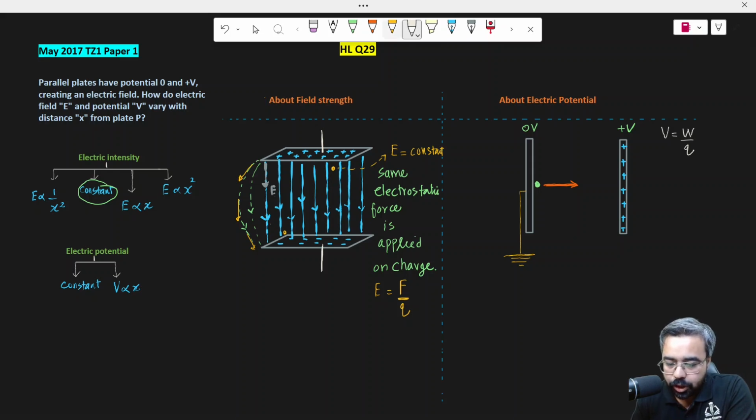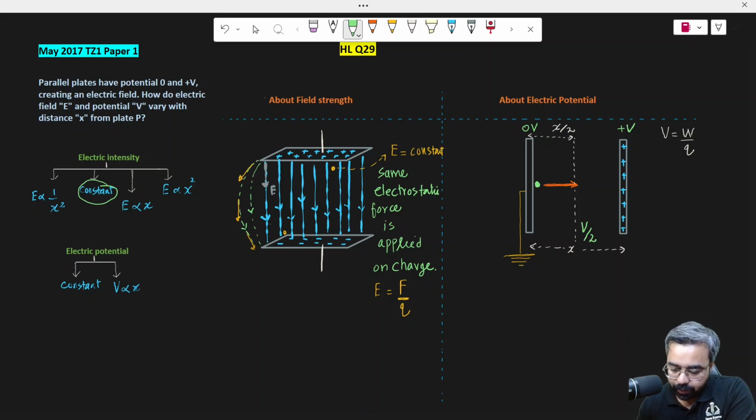I can show you exactly in the middle, when the distance between the initial point and that point is, let's say, x/2, where x is the total distance between the two plates. Exactly at that point, dear students, the potential is half of its value.